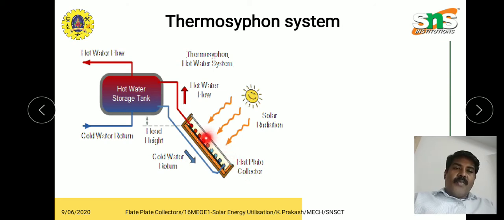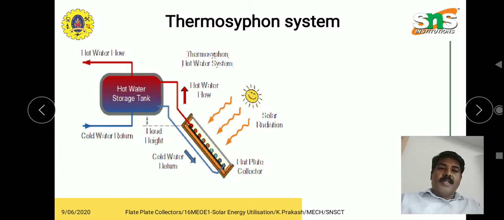So this is a flat plate collector, and here this is a storage tank, and here there is cold water coming inside at the bottom surface. So when the solar radiation is falling on this, solar radiation falls on these black surfaces and is transferred to the water or the fluid.